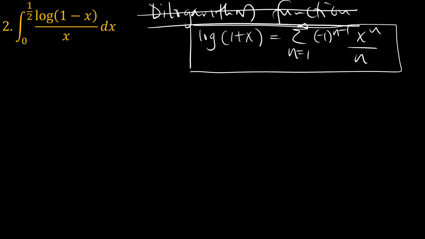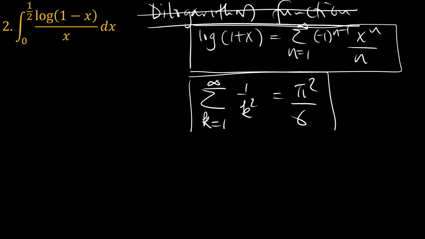And the next identity that I would like to use is, and this is what we call the Basel problem.